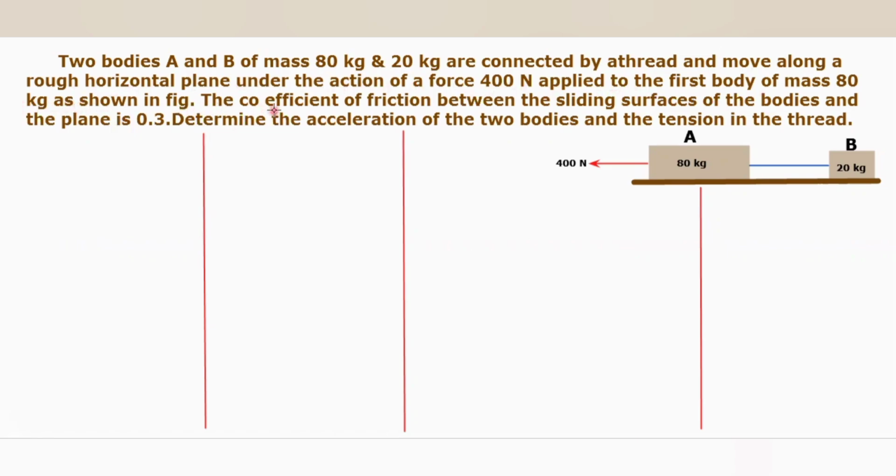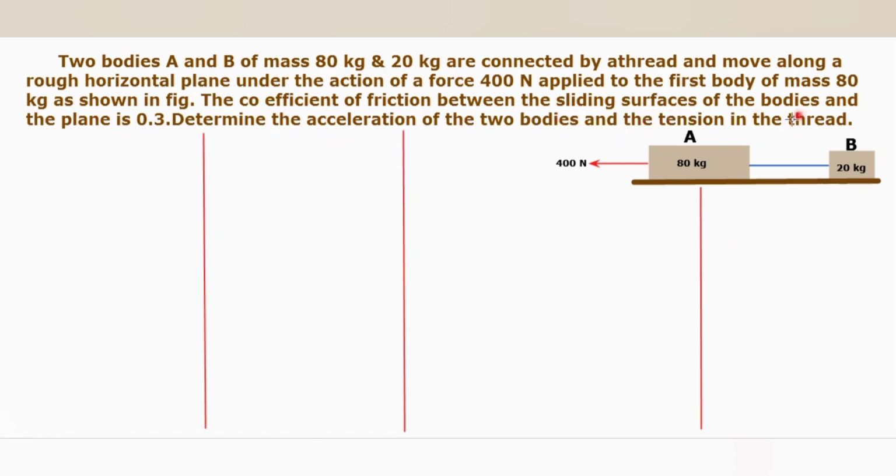The coefficient of friction between the sliding surfaces of the bodies and the plane is 0.3. Determine the acceleration of the two bodies and the tension in the thread.